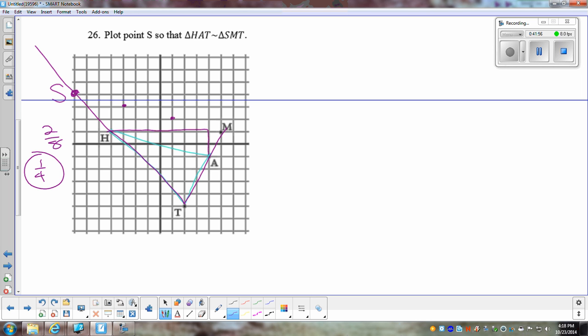Again, also I can do my slope. I know that my slope from T to A was up 4/2, which simplifies to 2/1. From T to M, I had to go 2/1, 1, 2, 3 times. So I'm going to figure out my slope for this one.